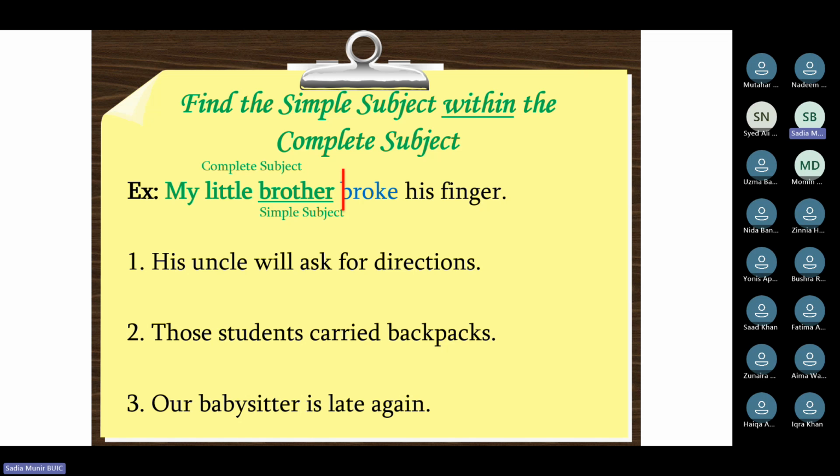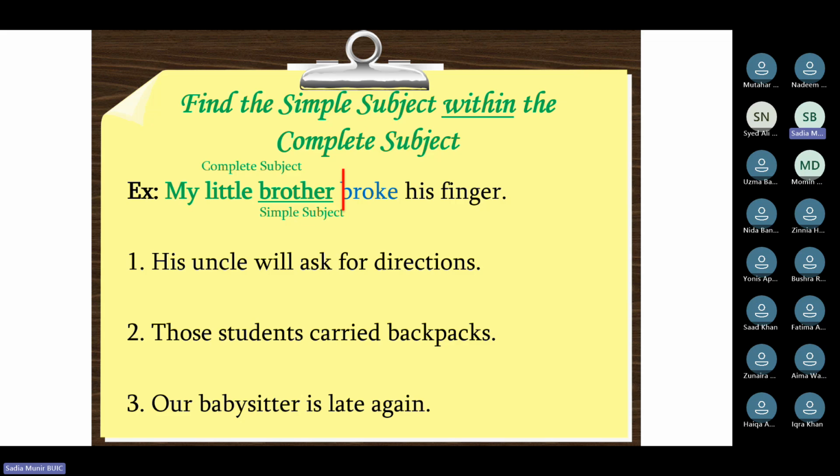First of all, tell me from which word the verb is starting or the predicate is starting. Identify a verb in this sentence, or two verbs for that matter. Ask. Then what about will? Good.